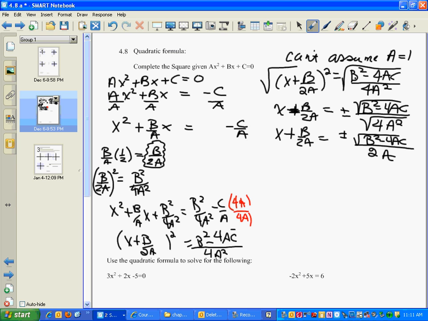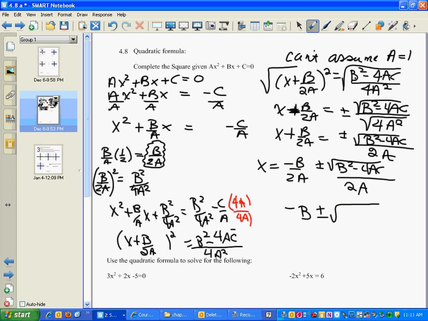And so now, what do I do to solve for x? x equals negative b over 2a plus or minus the square root of b squared minus 4ac over 2a, or negative b plus or minus the square root of b squared minus 4ac, all over 2a, also known as the quadratic formula.